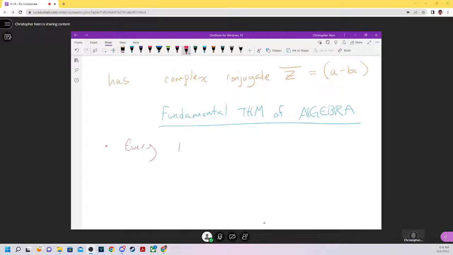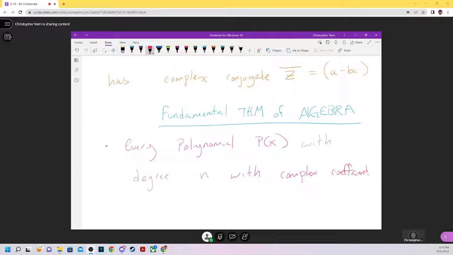Every polynomial, let's call it P of x, and we already know its form, of course, with degree n, so some natural number n, 1, 2, 3, whatever the highest exponent is, with complex coefficients. And remember, when I say complex coefficients, a real number is a complex number as well.